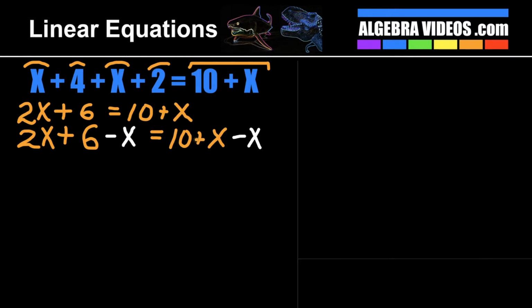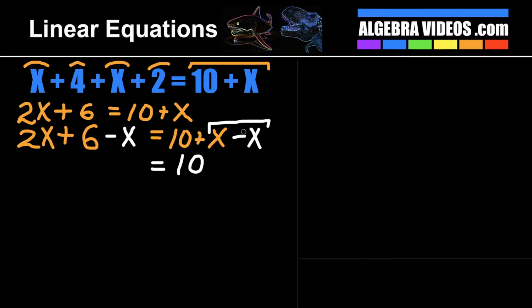Over on the right side, I now have 10 plus x minus x. And this plus x minus x is 0 now. So when I rewrite the equation, everything on the right side is now 10, and that's it, just 10, because otherwise it would be 10 plus 0, which is the same as 10.